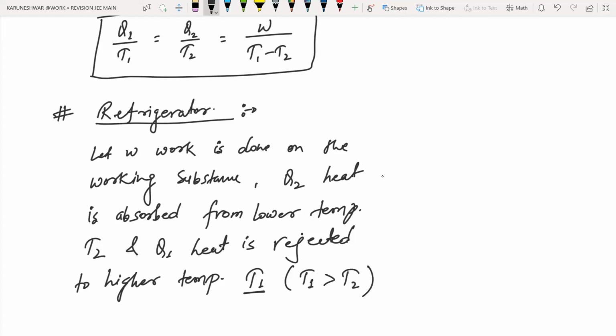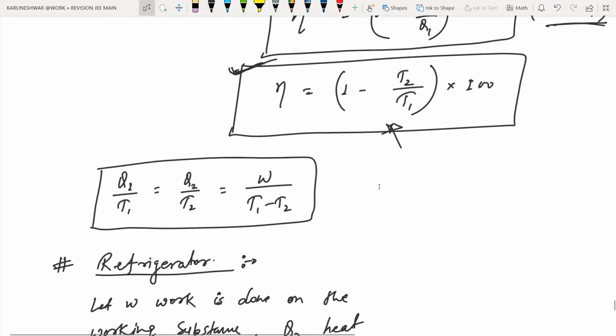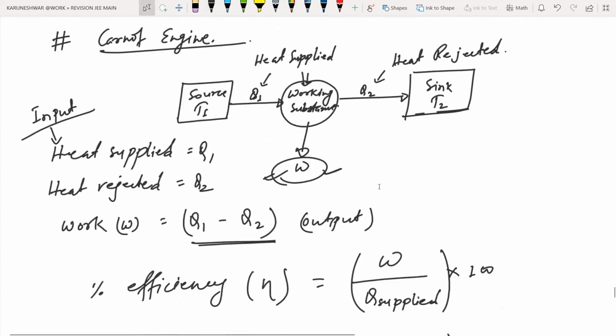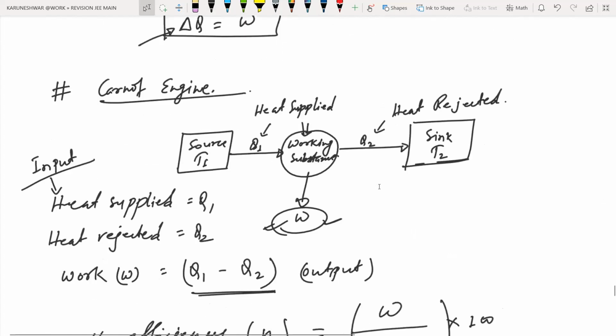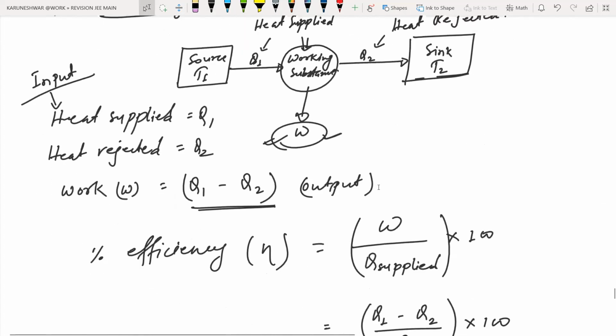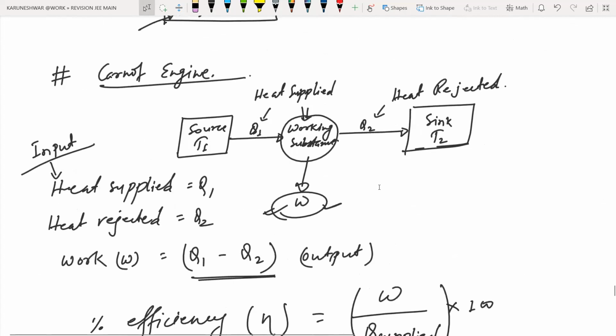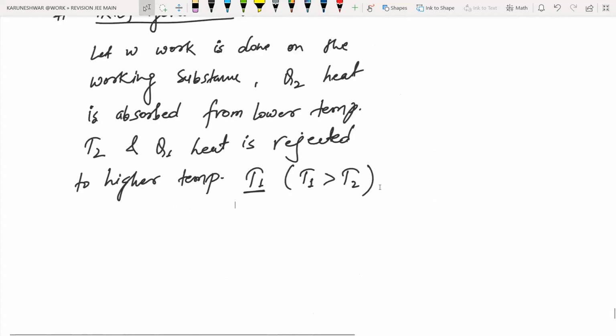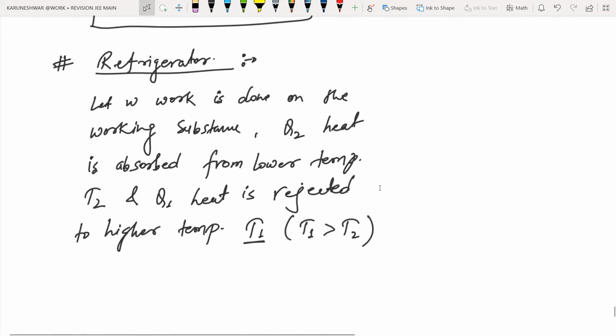But previously, in the Carnot engine, you saw that rejection of heat happens at the lower temperature. So this is somewhat opposite to that. That is called a refrigerator: heat is rejected at higher temperature and absorbed at lower temperature. The compressor is used for this.